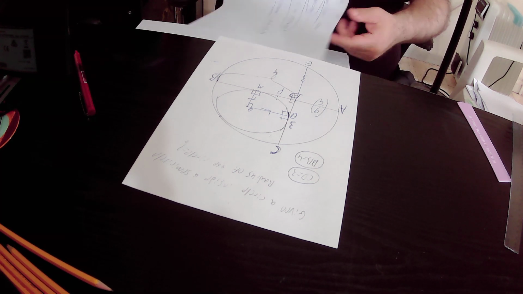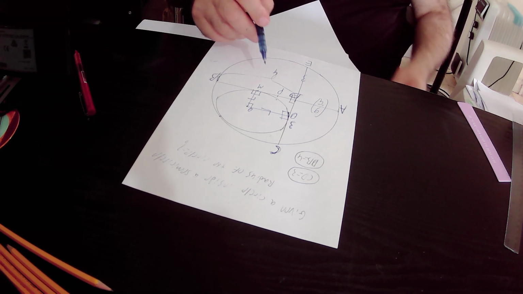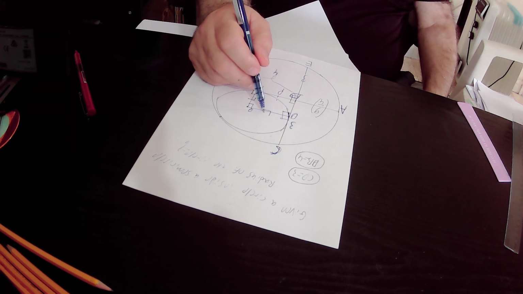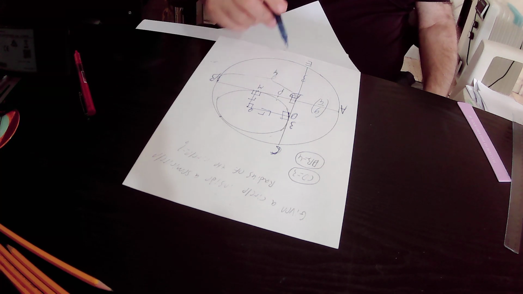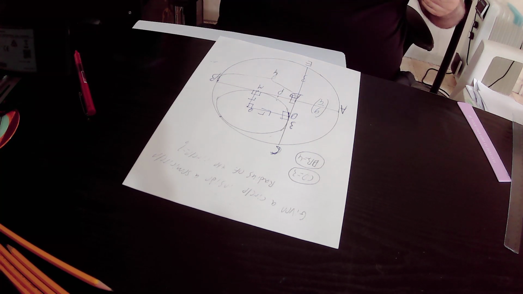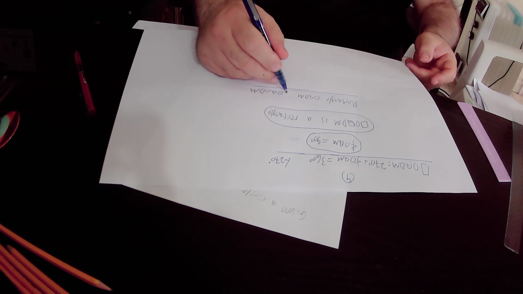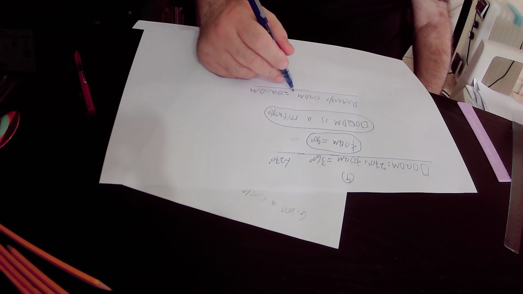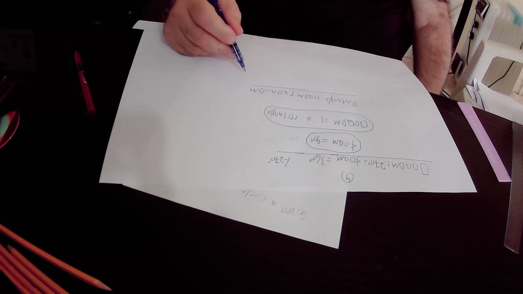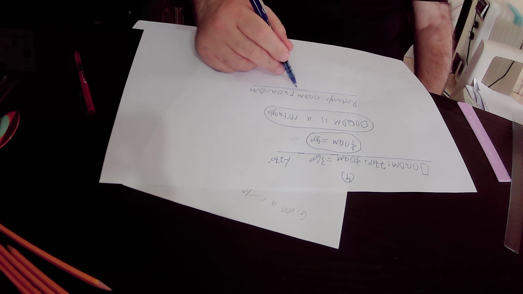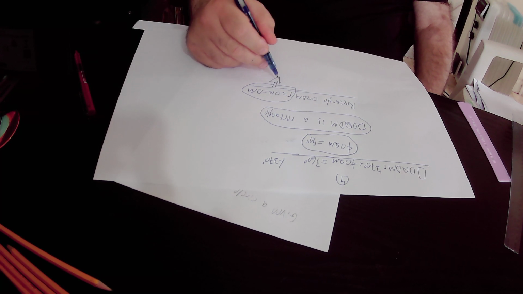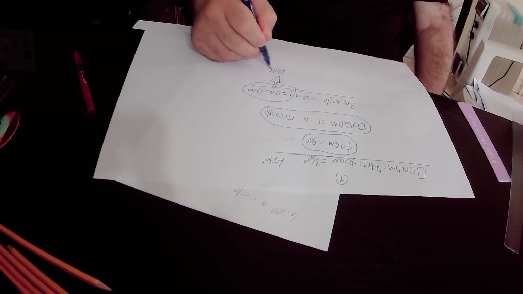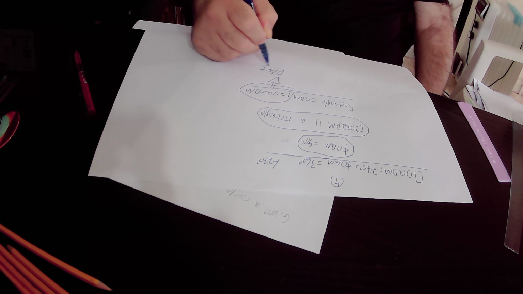Here, but we have already found out that OQ equals small r. It is the radius of the small circle. So we can write here that OQ equals small r, that is the radius of the small circle. And from this equation, r equals OQ equals DM, we will derive that DM is also equal to small r.